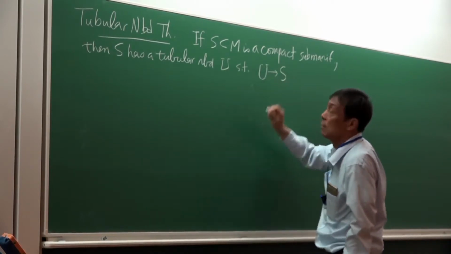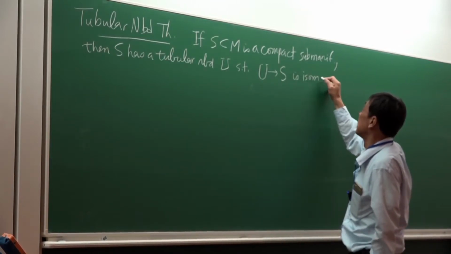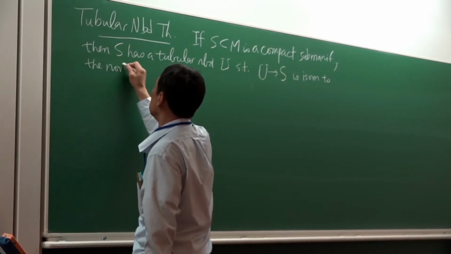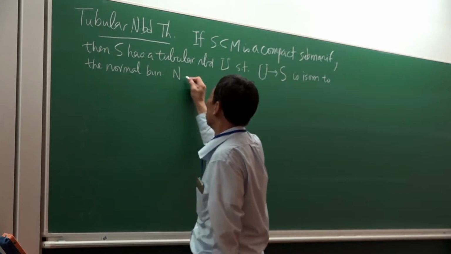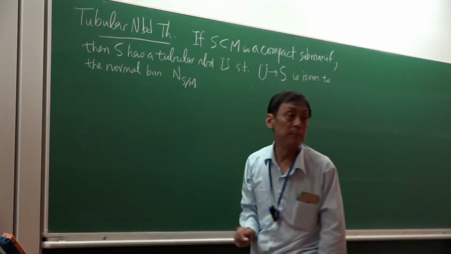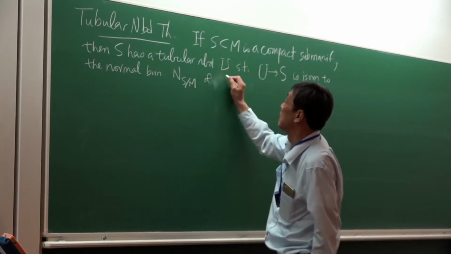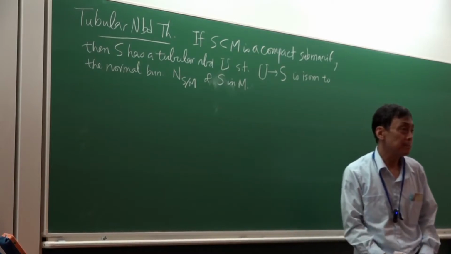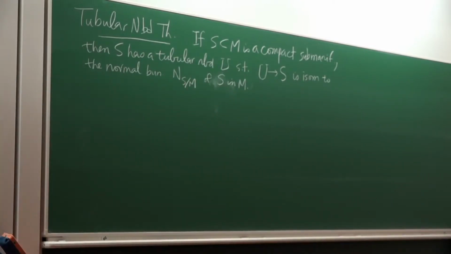So U over S is isomorphic to the normal bundle N of S in M.